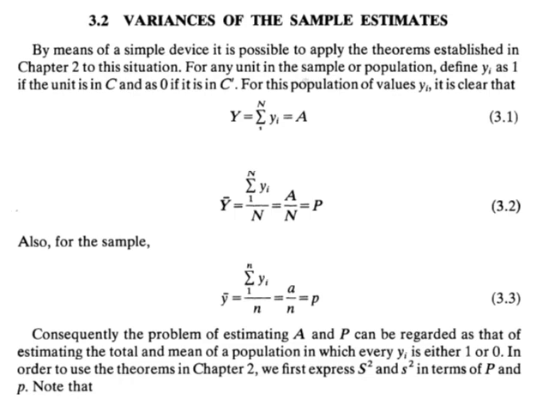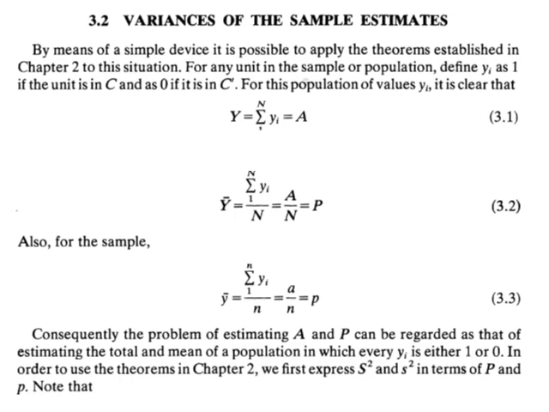Now we will move to the next section, 3.2, variances of the sample estimates. By means of a simple device, it's possible to apply the theorems established in the second chapter to this situation.